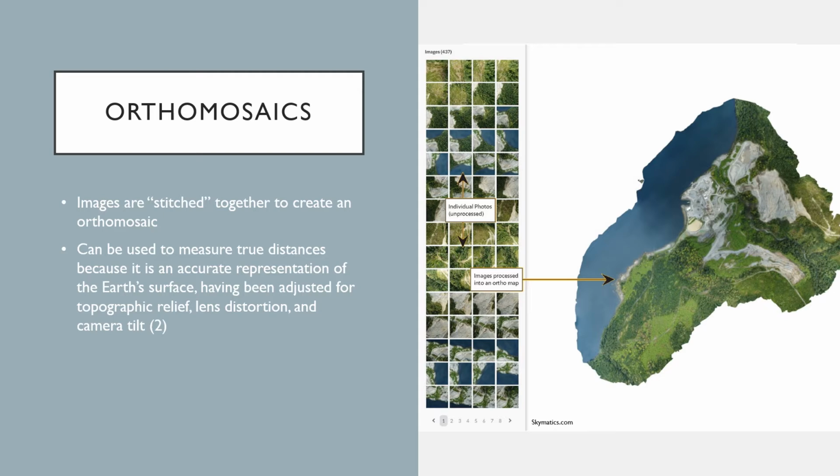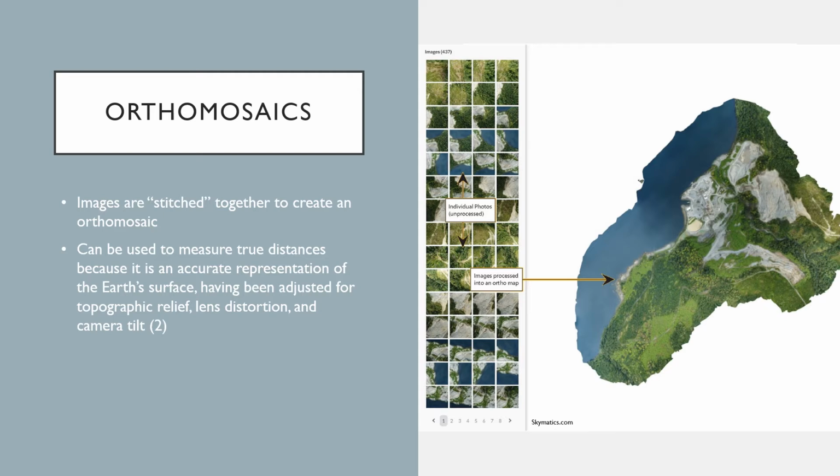Orthomosaics are an accurate representation of Earth's surface, having been adjusted for topographic relief. So a lot of times what we have out on the project site is ground control points. They look just like targets, and these are surveyed monuments that we use to georeference our imagery so that it does accurately represent Earth's surface.